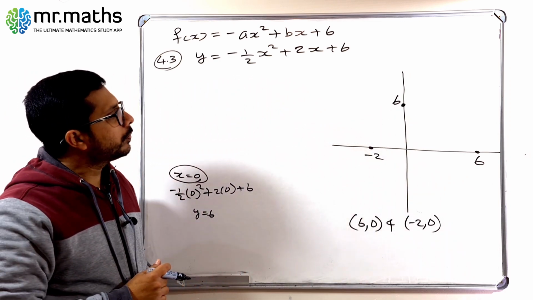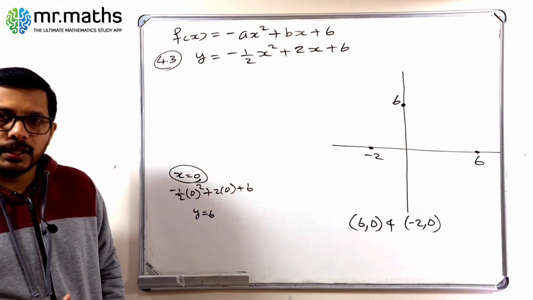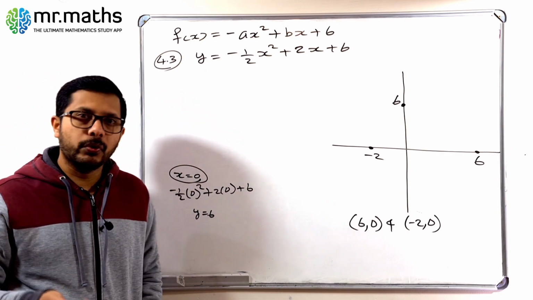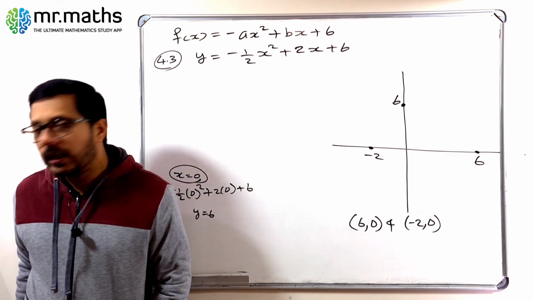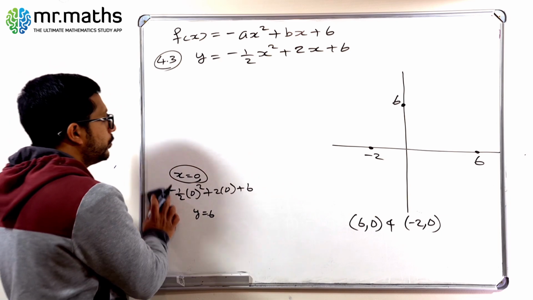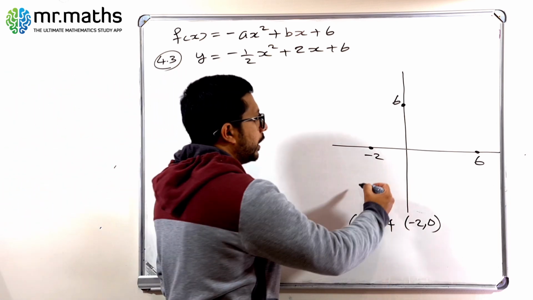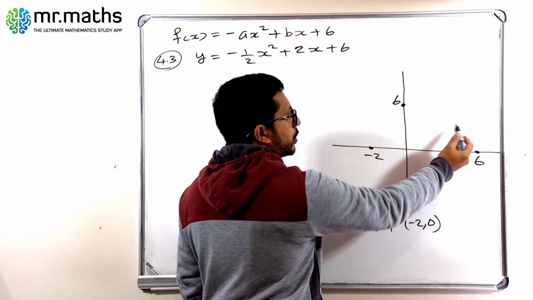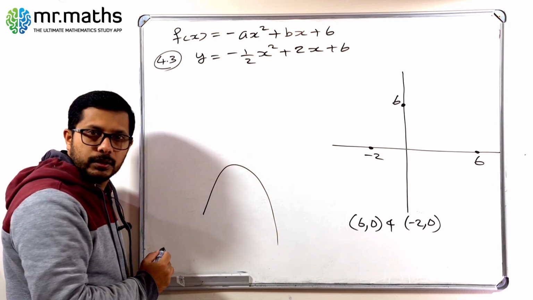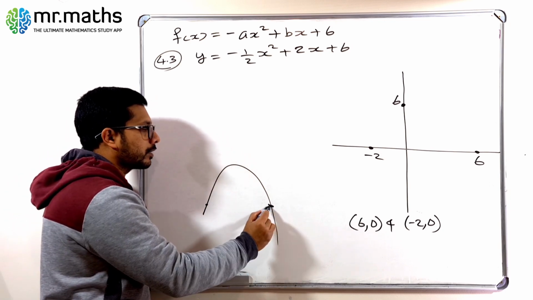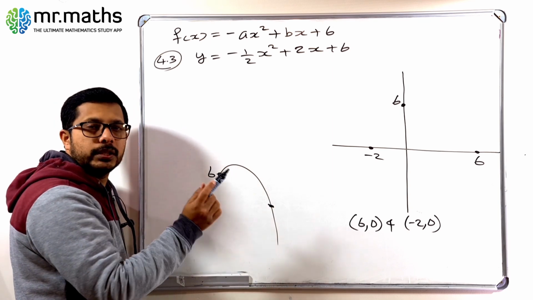Now let's come back to this question. Our question 4.3 is not to draw the graph; 4.4 is to draw the graph. Before I draw that graph, I want to know something else, because I can't just draw the graph connecting these 3 points. The x-intercepts are here, and somewhere here maybe is 6, but it is not the turning point.